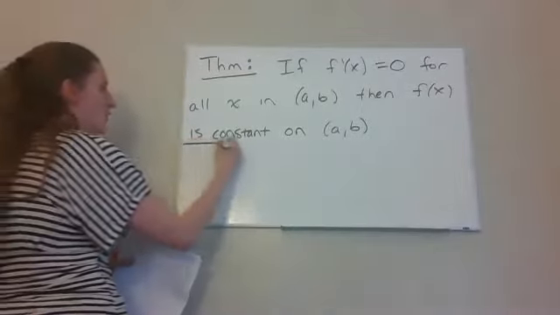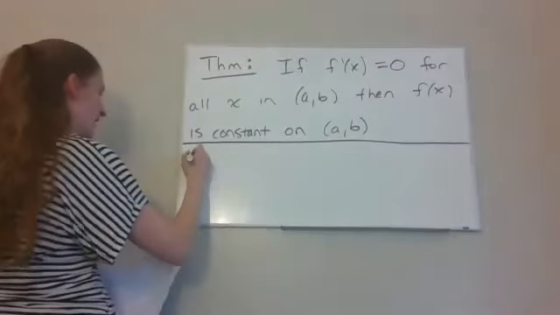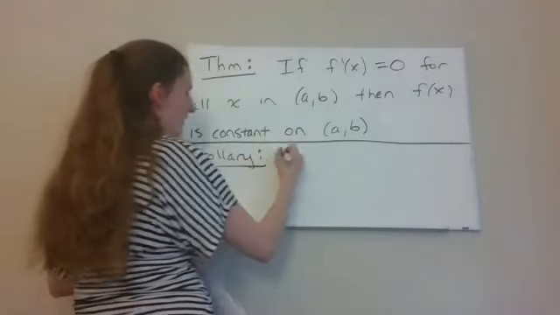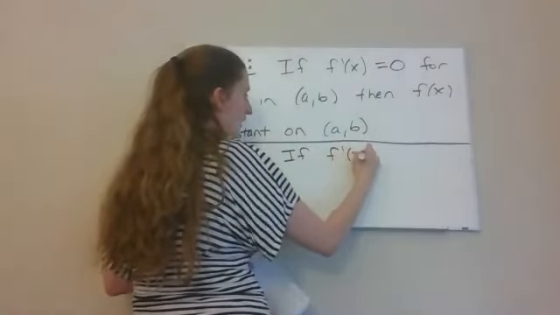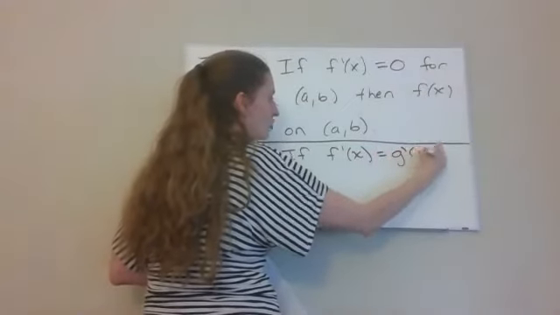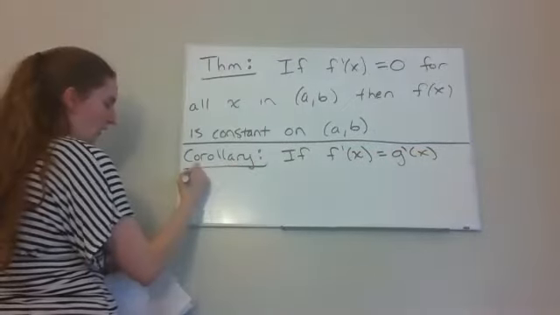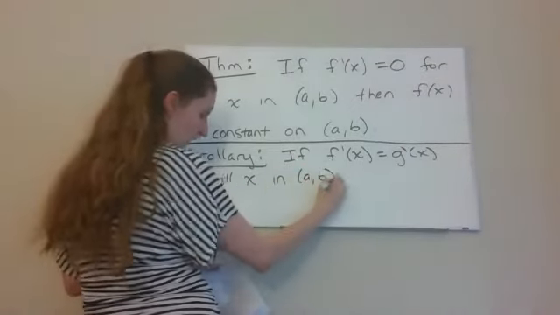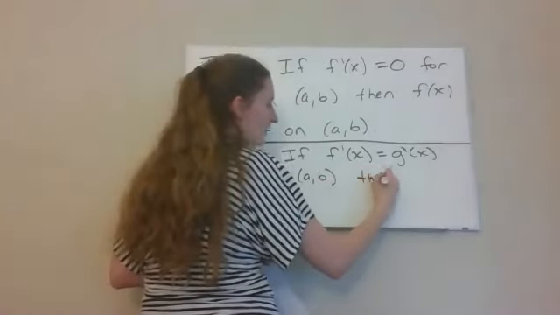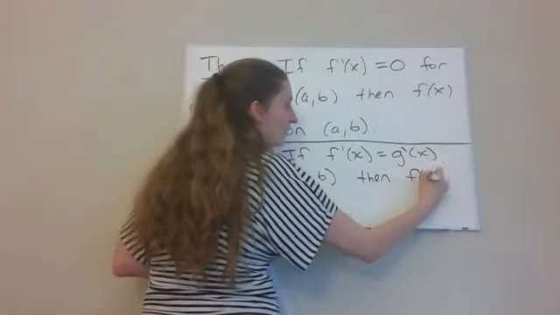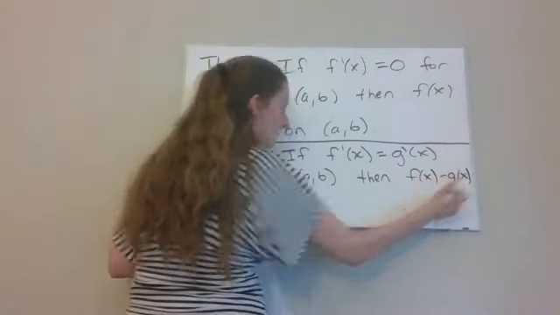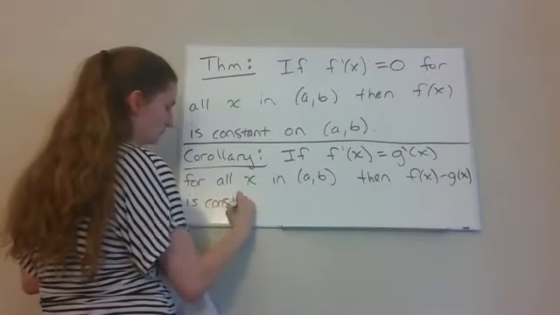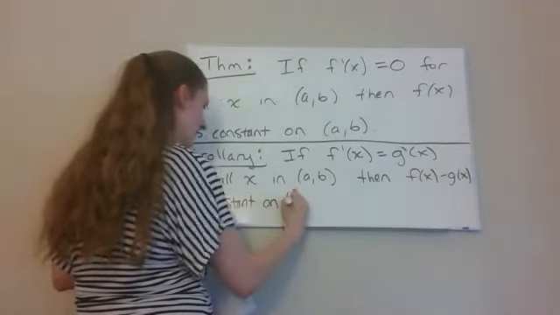And one other corollary that we get from the mean value theorem: if f prime is equal to g prime for all x in some interval a, b, then f of x minus g of x is constant on that interval.